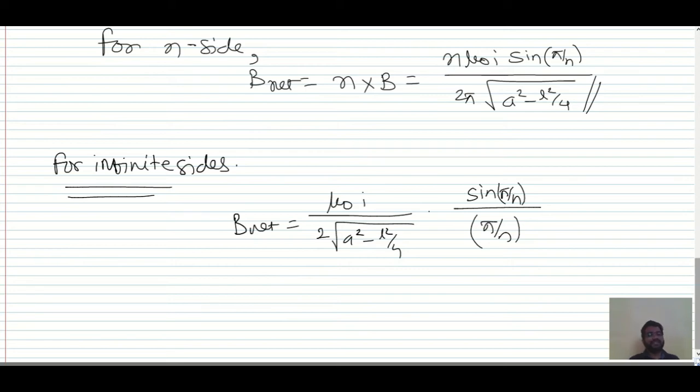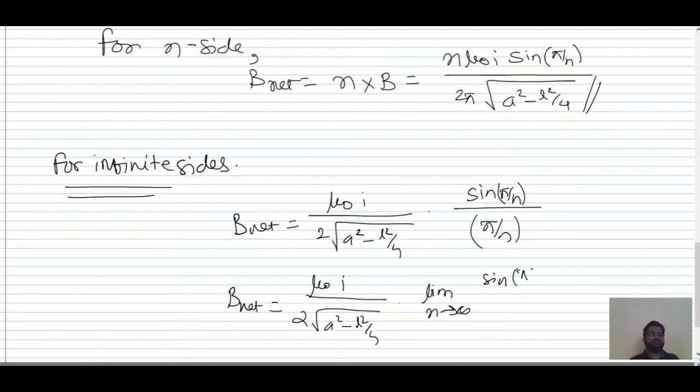So if n is tending towards infinity, then what we have to do? Bnet is equal to mu naught I divided by 2 root of a square minus L square by 4, into limit n tending towards infinity of sine pi by n divided by pi by n.